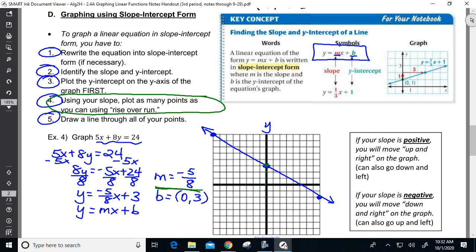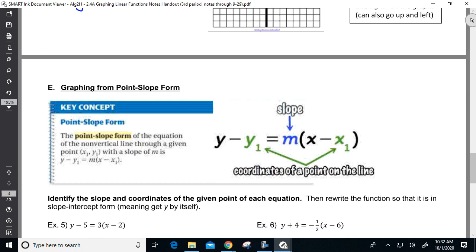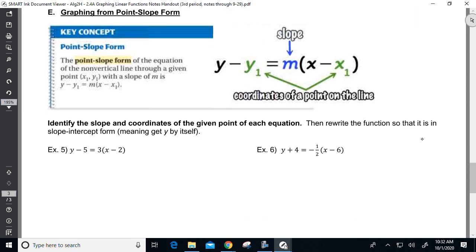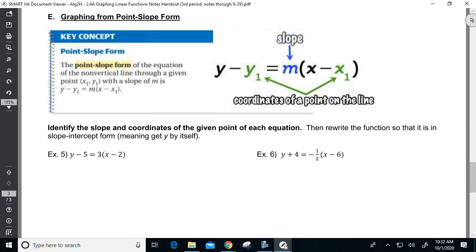Alright, not seeing your hand, Andy, so let's go to point slope form. So, the point slope form can be a little tricky because you have to pay attention with how everything is set up, but it's pretty easy to work with it. So, point slope form: y minus y1 equals m times the quantity x minus x1.